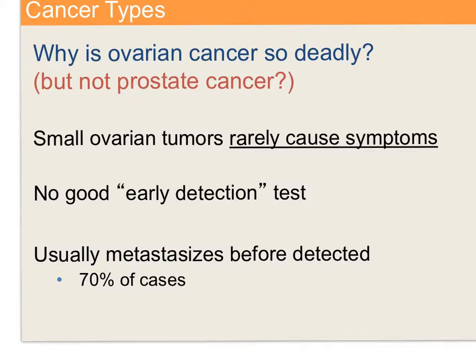He'll then go in for a PSA test or something, and it's detected fairly early. Also, a lot of prostate cancers are not as aggressive as ovarian tumors. Some are, though. There are some prostate tumors that are very aggressive, just like ovarian tumors. The trouble with ovarian cancer, they're getting better at it, but there's no early detection test like there is for prostate cancer with a PSA test.